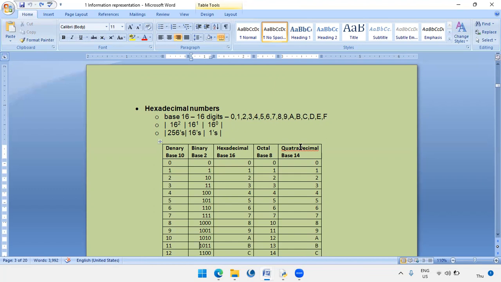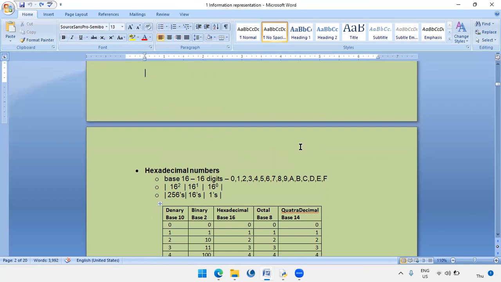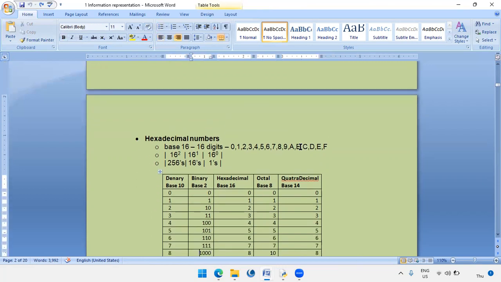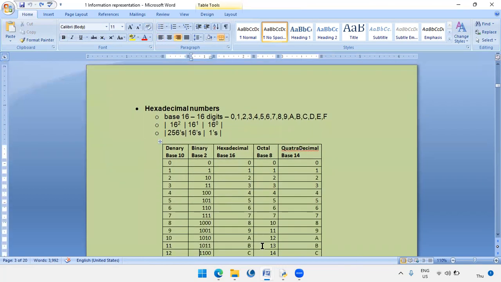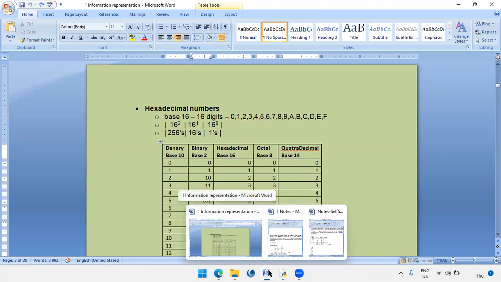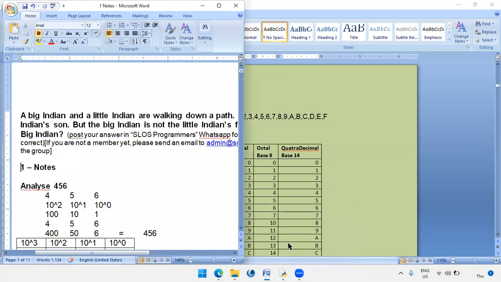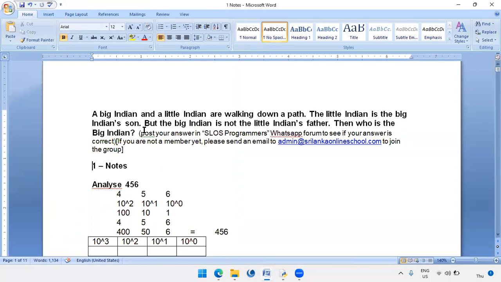Okay, here's another question. Also, you will find that we'll be asking questions for you to answer, because it's very important that you learn how to answer logically. So here's a question for you. A big Indian and a little Indian are walking down a path.